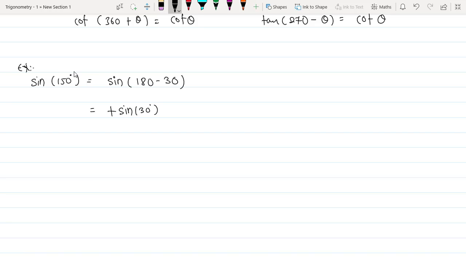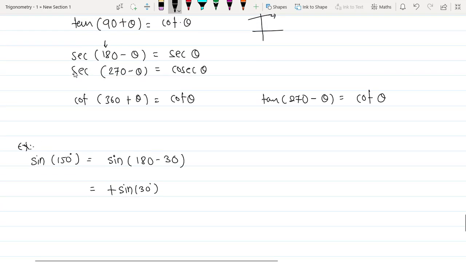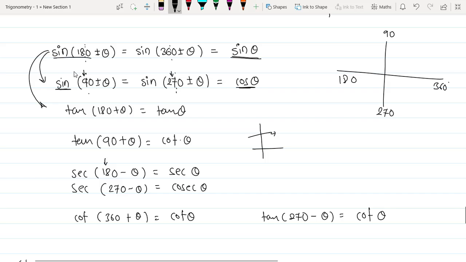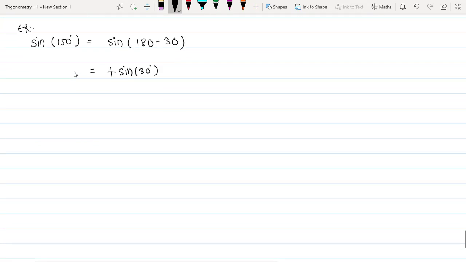Sine of 180 minus theta is how much? Sine theta. We just saw this, look here. Sin of 180 plus or minus theta is nothing but sine of theta only. Is it okay? So how much angle are you getting? Sin theta. Sin 30 is how much?